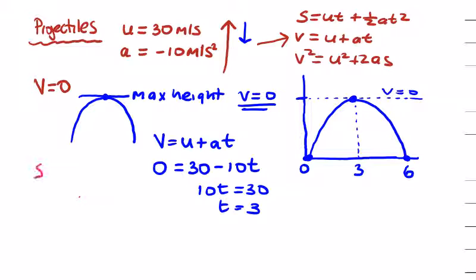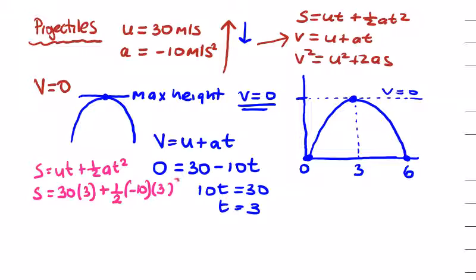So let's look at displacement. S is equal to ut plus a half at squared. You'll never get sick of writing it. So the displacement, when my initial velocity is 30 and time is equal to 3, and we can put the half in like this, plus the half times minus 10, or you could just write minus 5 by t squared, 3 squared, and we just simplify it down. S is equal to 30 times 3, 90.